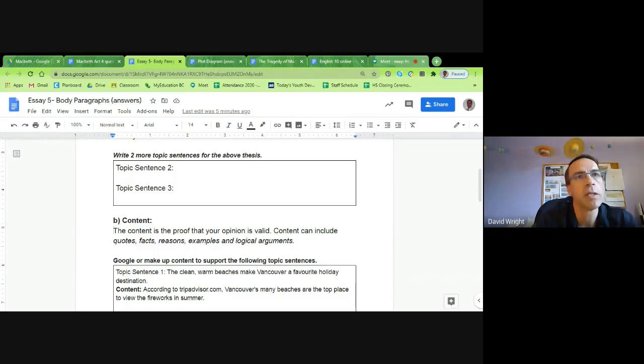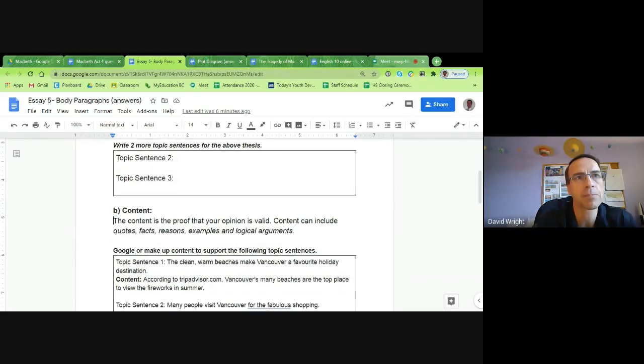So the content is the proof that your opinion is valid, that your opinion is true. Content can include these things: quotes, facts, reasons, examples, and logical arguments.